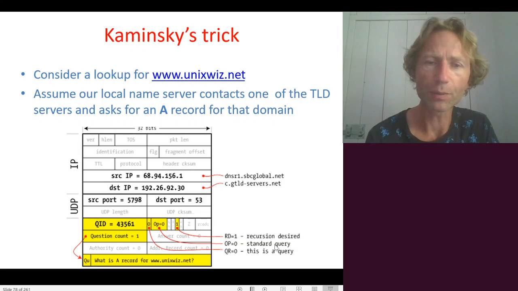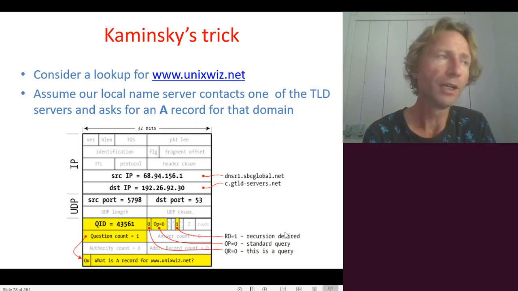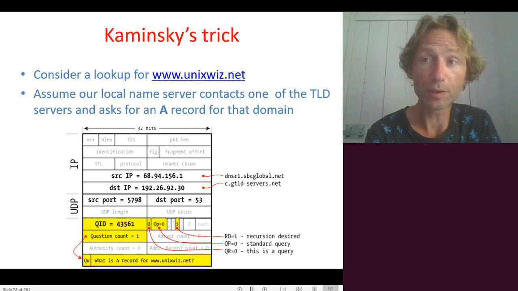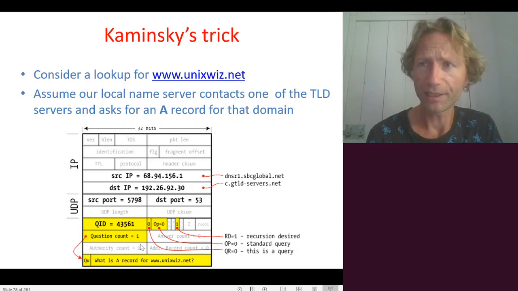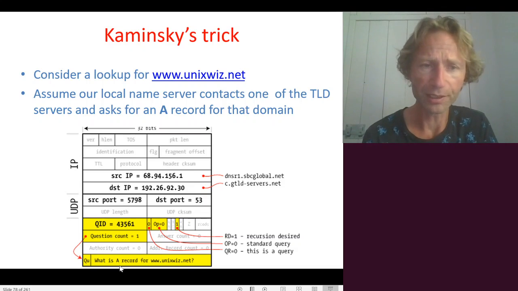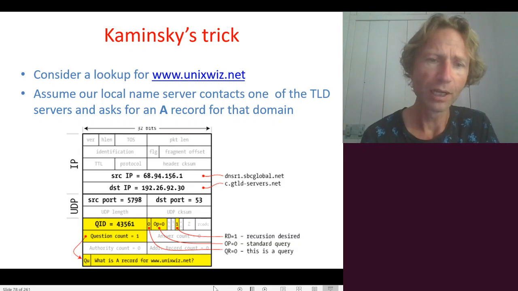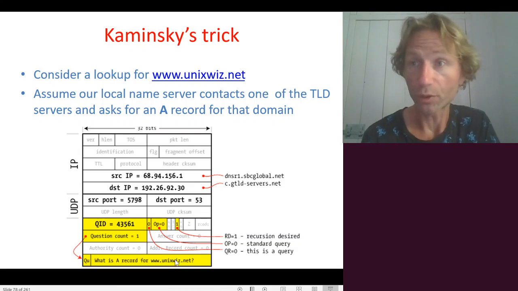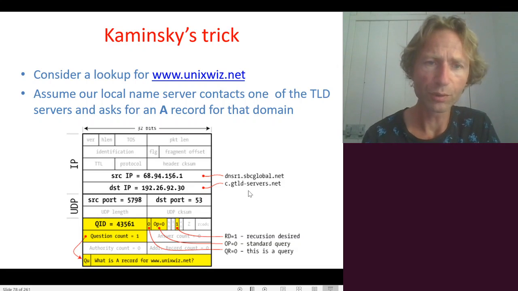It's a standard query, and the local name server tells the top-level domain name server that it would like to have this query resolved recursively. And which query are we talking about? Well, there's one question in this entire packet, and the question is, what is the A record? In other words, what is the mapping to an IP address for www.unixwiz.net?